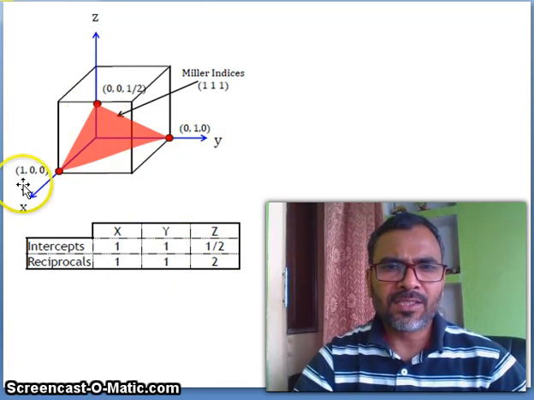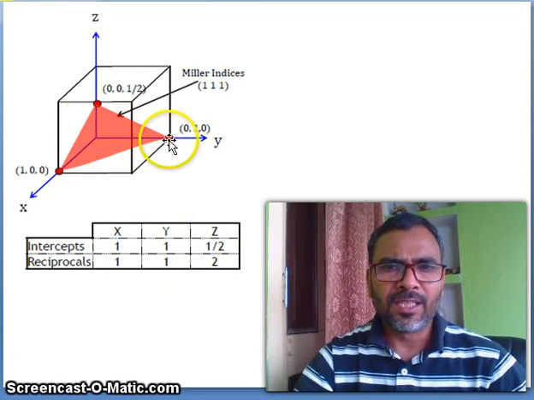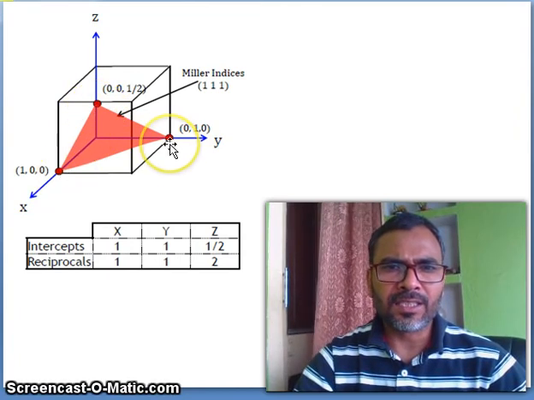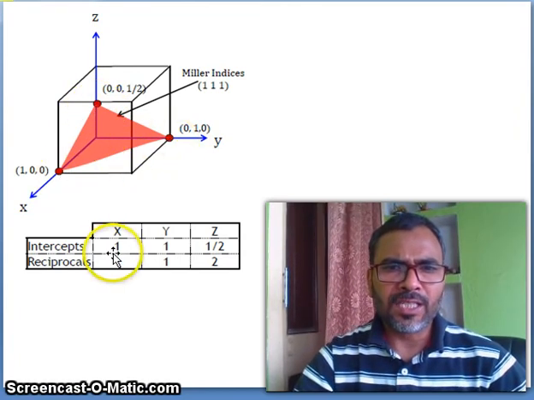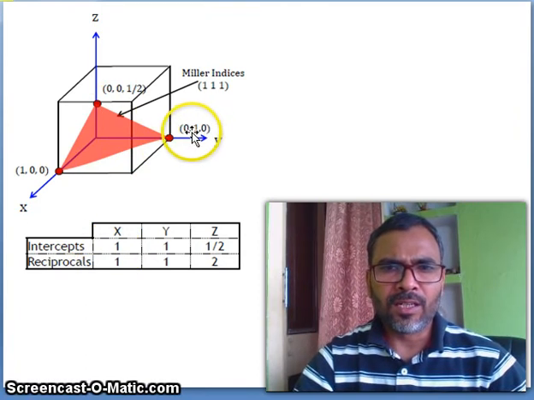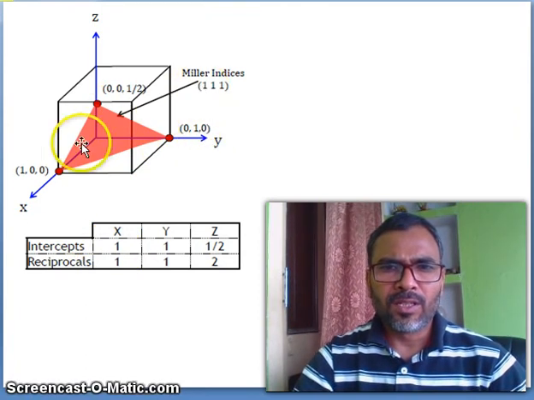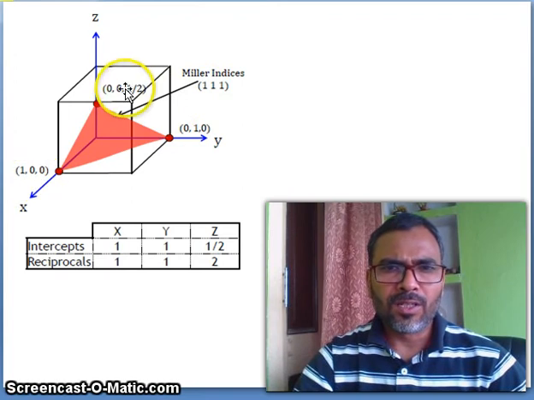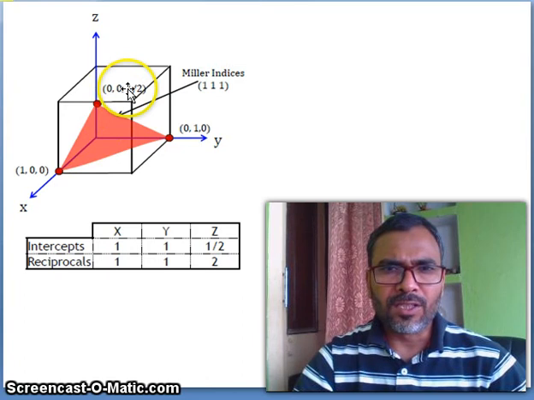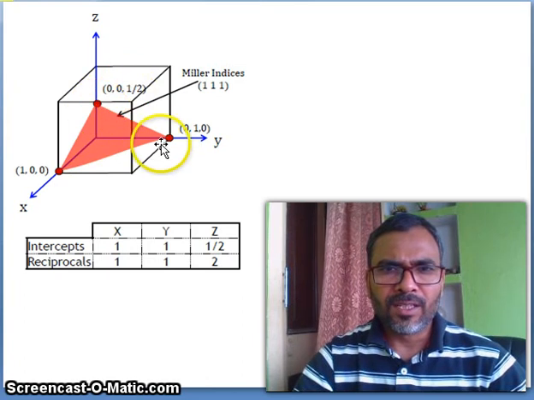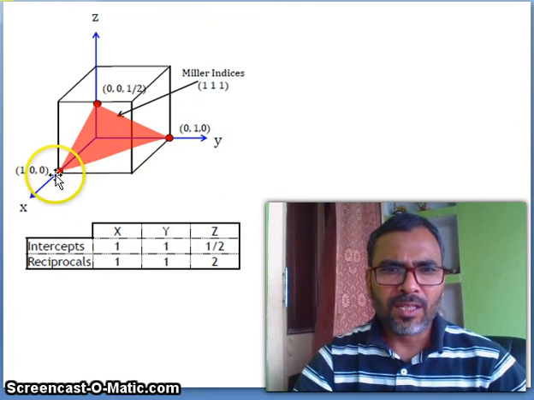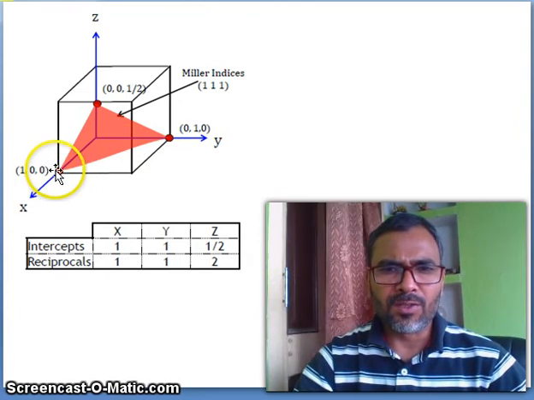Look at here. You have x, you have y, you have z. Now this plane is cut here, here, and here. So the intercepts: here 0 0 half, now 0 1 0, now here 1 0 0.